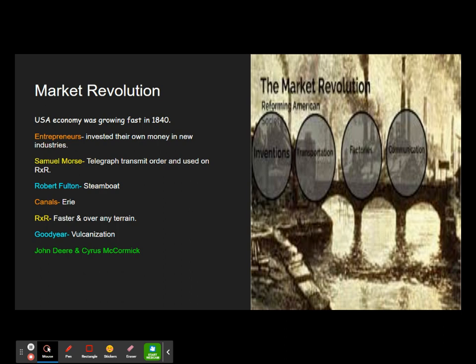And this is where the market revolution does come in, right? Mostly up north. And so, as time goes on, buying and selling is going to multiply. And if you're selling more, you're going to make more money, right? And so, look, up into the 1840s, our economy hadn't really grown that much. But in 1840, it took like a huge hike, right?